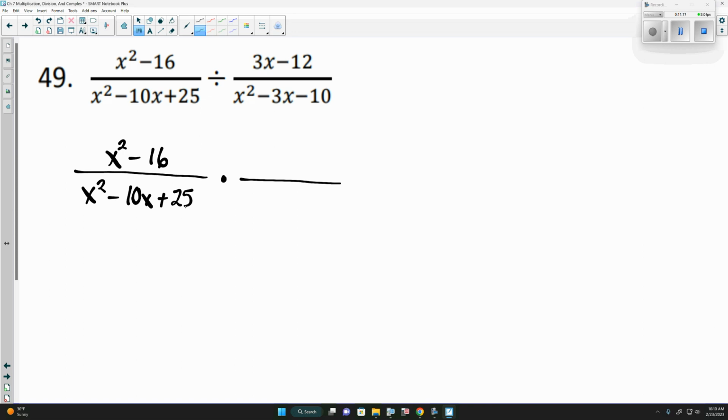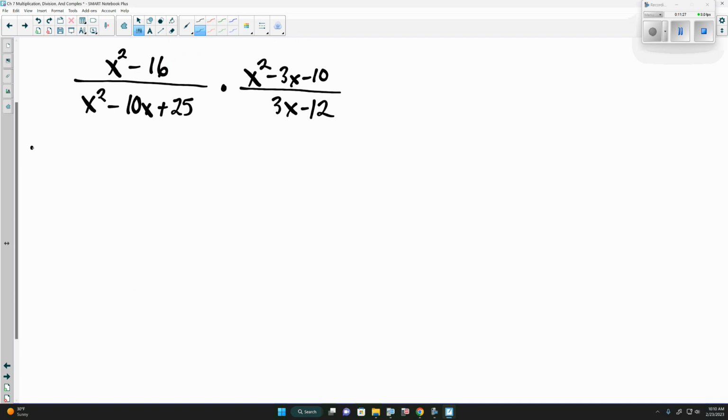Change it from division to multiplication, and flip the second rational expression. Keep, change, flip. And after we do that, then we will factor.